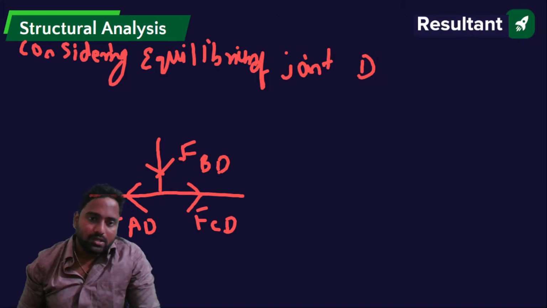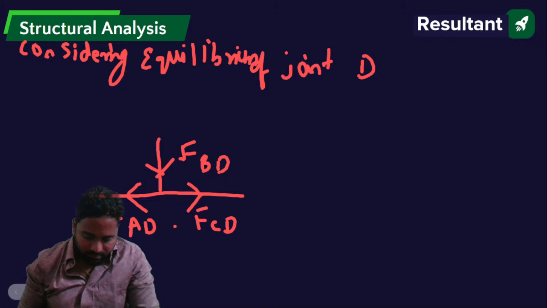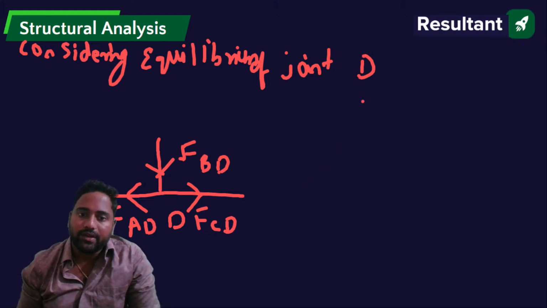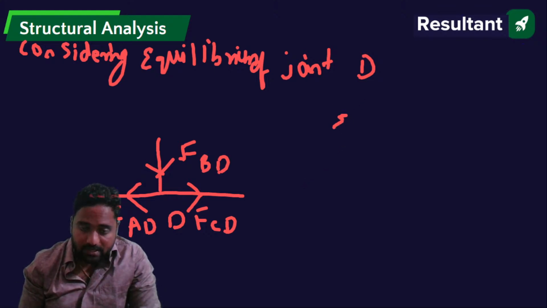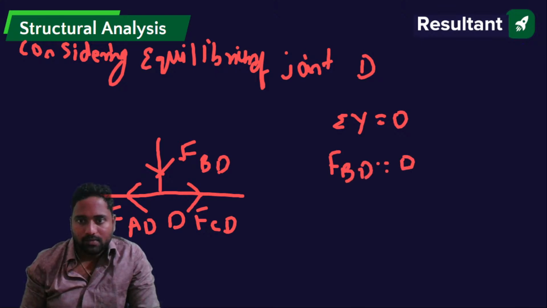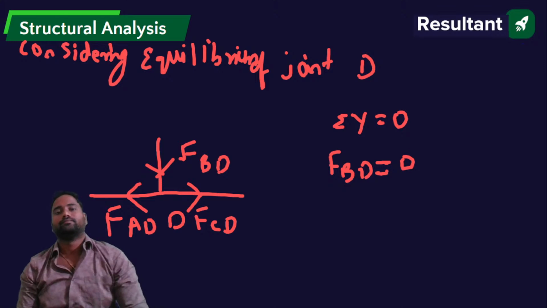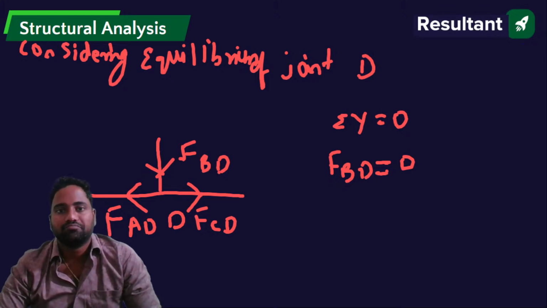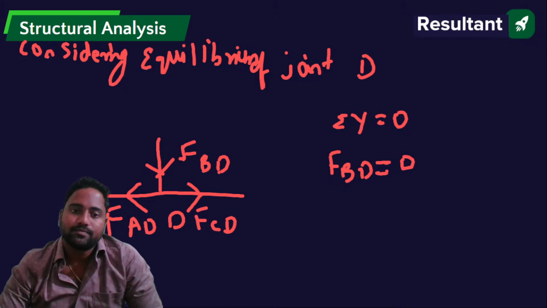But what is the main idea? The main idea is to find out FBD. So if I take summation of forces in y direction equals to 0, FBD equals to 0. Simple. There is nothing much.